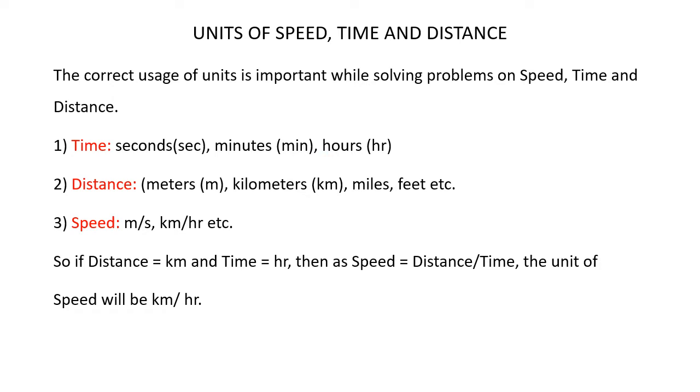Units for distance are meters, kilometers, miles, feet, etc. Units for speed are meters per second, kilometers per hour, etc. So, if distance is in kilometers and time is in hours, then since speed is equal to distance divided by time, the units of speed will be kilometers per hour.